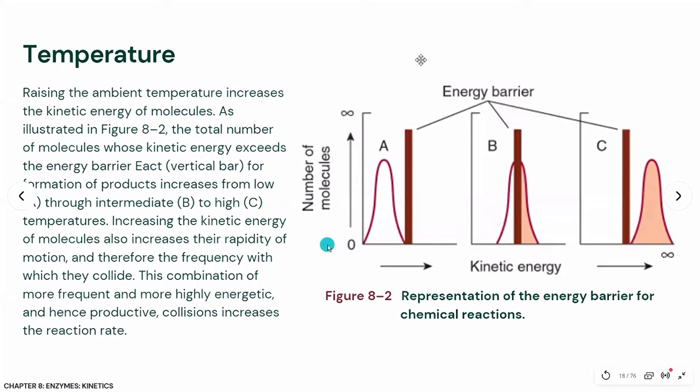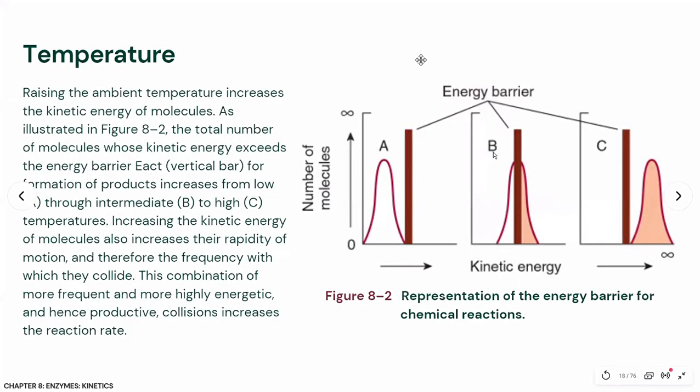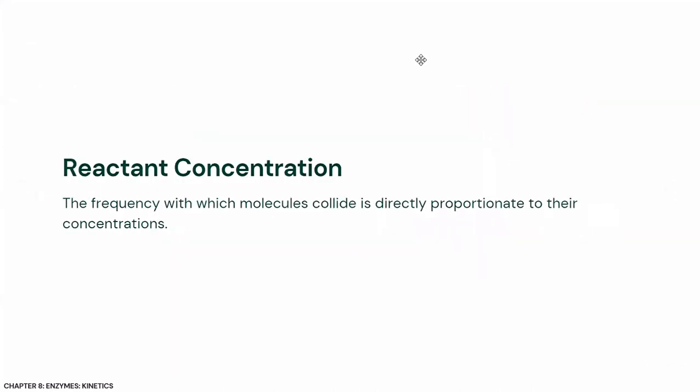Now it says here, this is the energy barrier. Well, the enzyme is only reducing or lowering the energy barrier, so that the reaction can occur. Okay, another factor is reactant concentration.